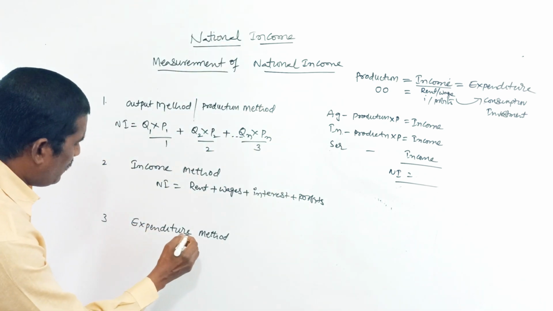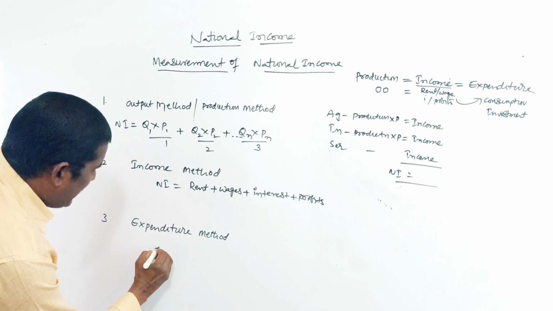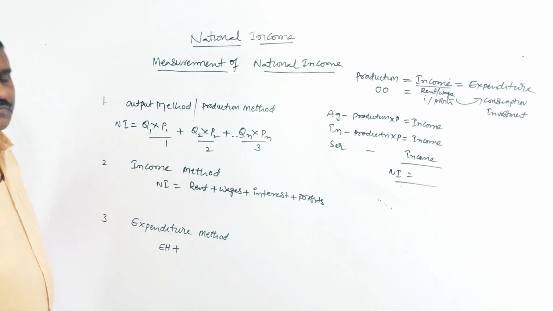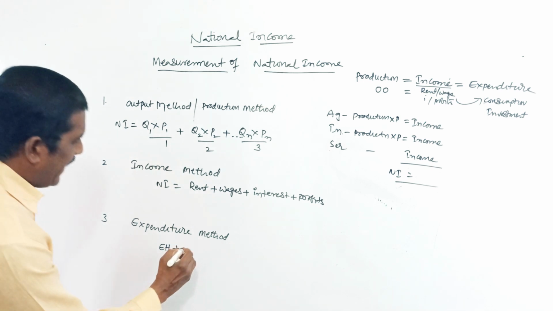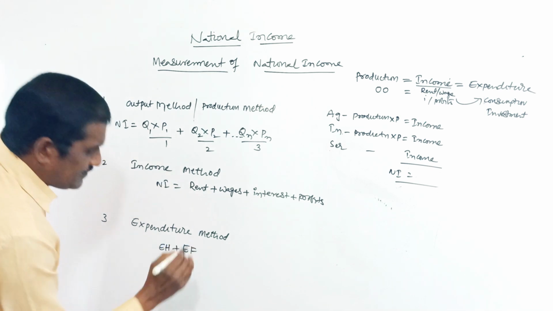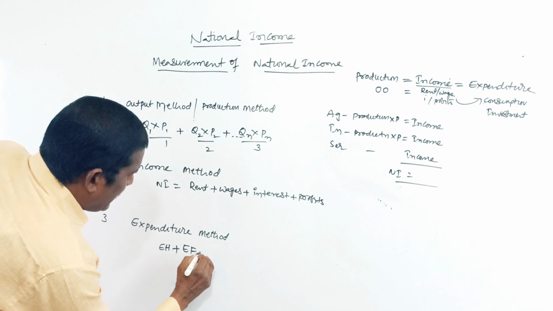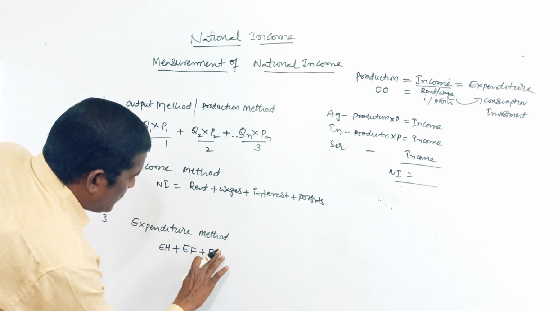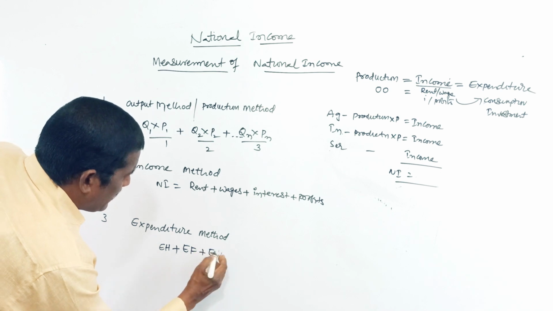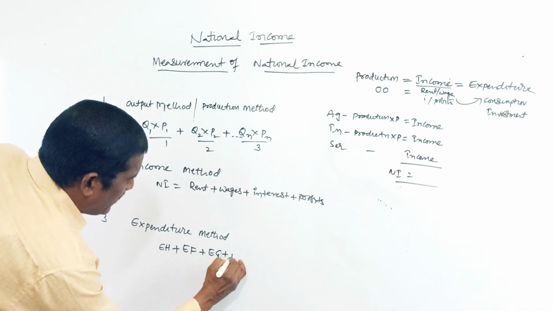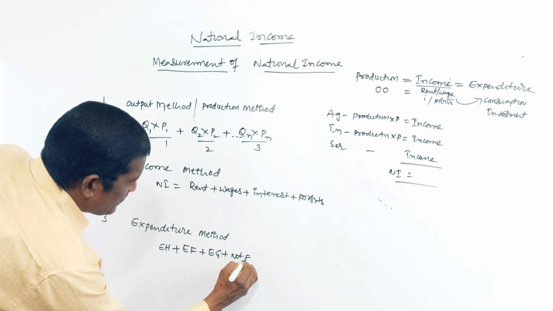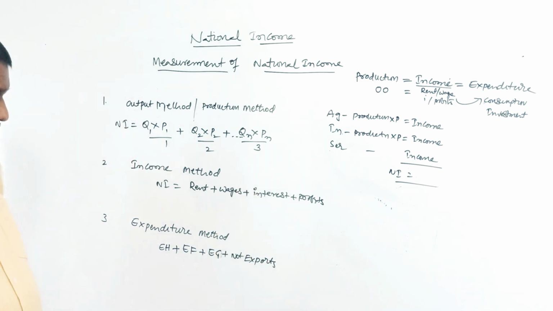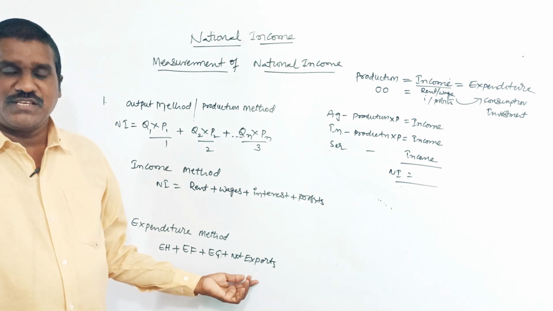For example, the expenditure method is expenditure of households plus expenditure of the farms plus expenditure of the government plus net exports.